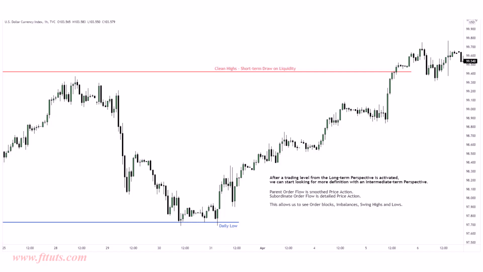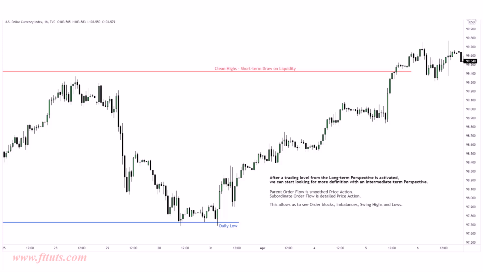You can see that as we go lower in perspectives, price action becomes more detailed, because the long term perspective requires more time to close that candle. For instance, a weekly candle takes 5 trading days, or a daily candle takes 24 trading hours. So it's very smooth.